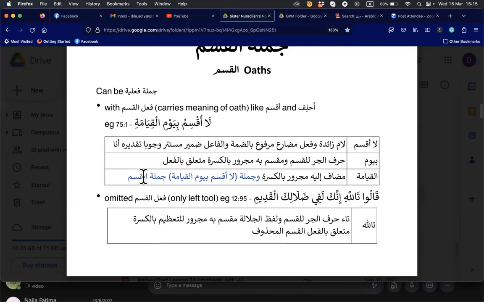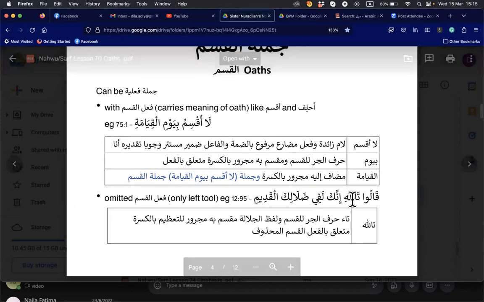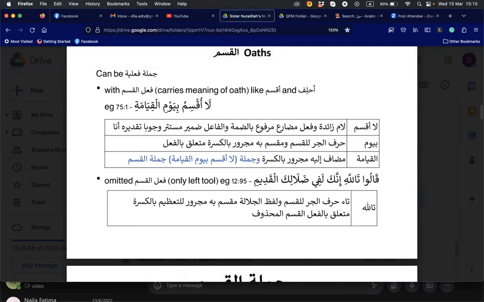If we omit the fi'il and we are only left with the tool, so for example, tallahi, you must omit the fi'il, right? So you say that the ta is harf jar lil qasam again, and the lafzul jalalah will be your muqsam bih, majrur lil ta'zim bil kasrah. Of course, it's jar majrur, so it must be muta'alliq.